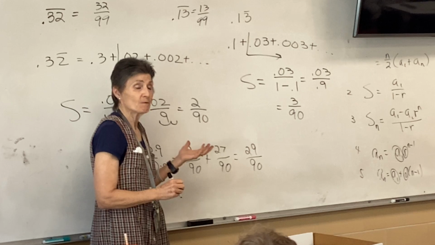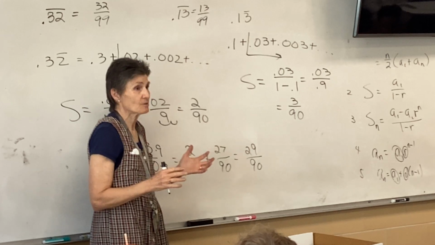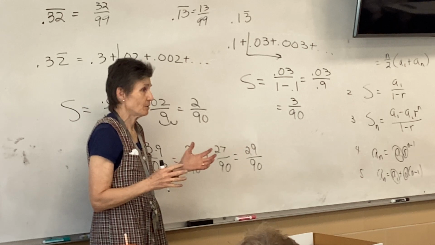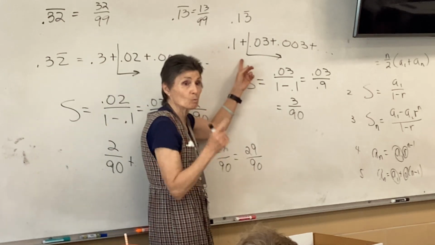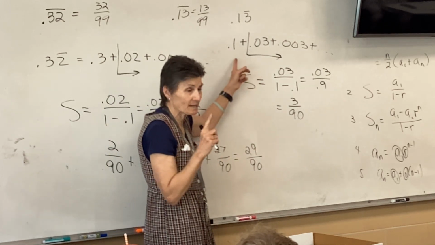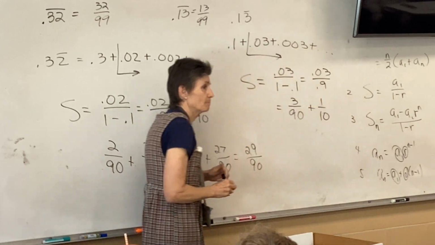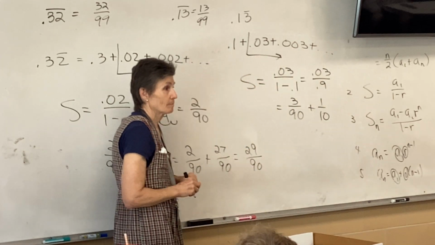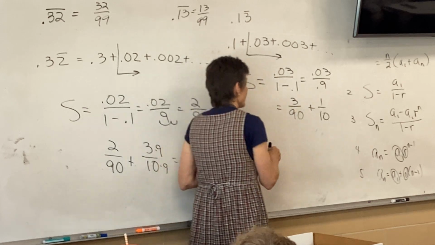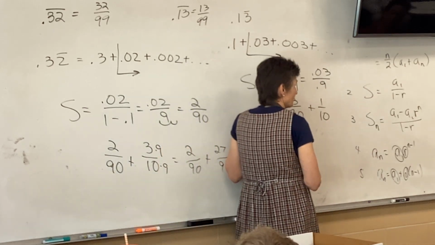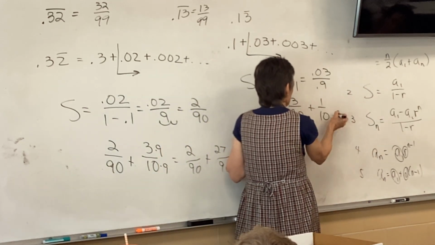You can reduce that if you want, you don't need to because it's not the answer, we're not done. What do we need to do? Add in the 1/10, that's not a 1, that's a 1/10. What's the common denominator between 90 and 10? 90.